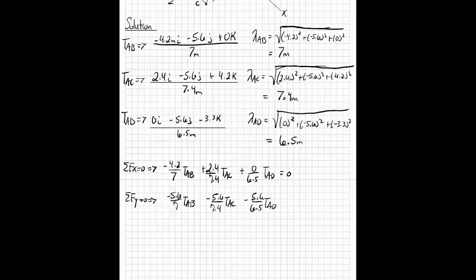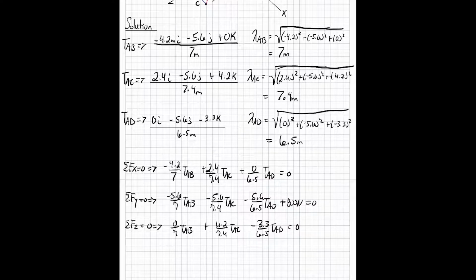Now we also have the weight of the hot air balloon going up, or P, so it's plus 800 newtons, all equal to 0. Then we do our sum of forces in the z direction, equals 0. We have 0 over 7 tension AB plus 4.2 over 7.4 tension AC minus 3.3 over 6.5 tension AD, all equal to 0.